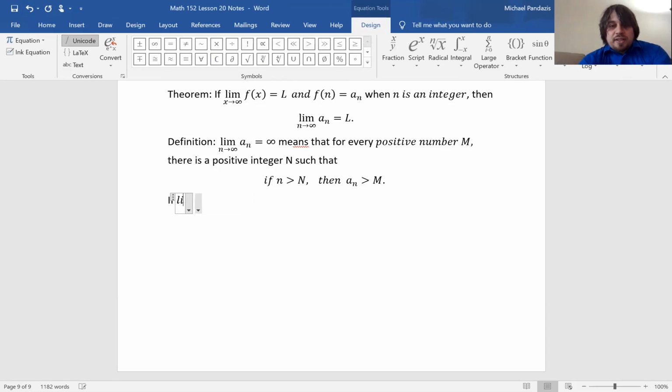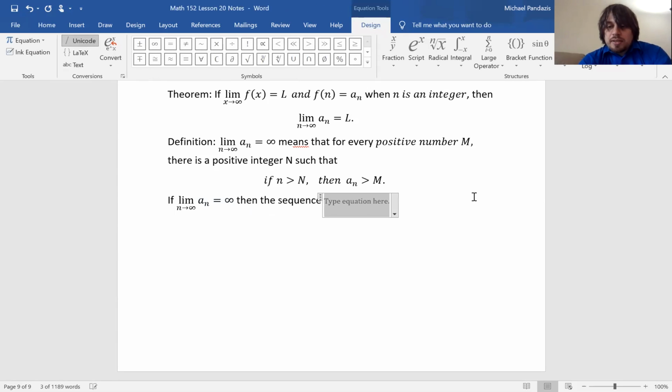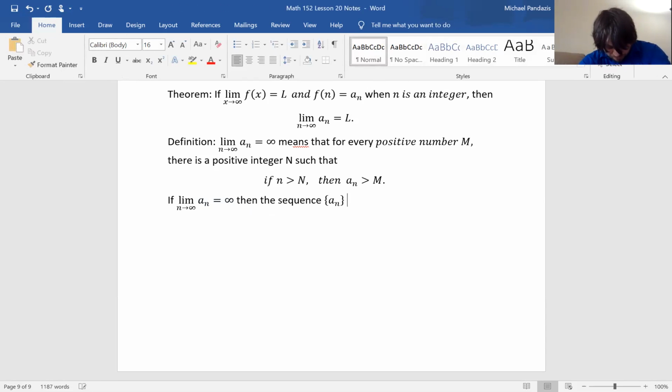If the limit as n approaches infinity of a sub n is infinity, then the sequence a sub n is divergent to infinity.